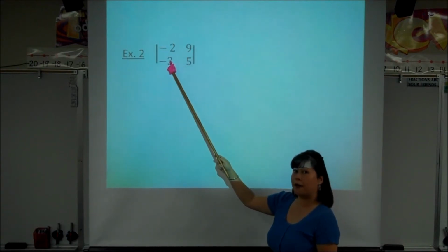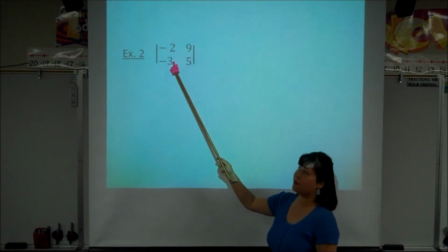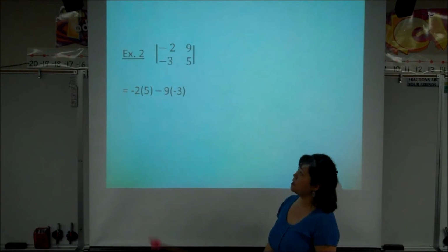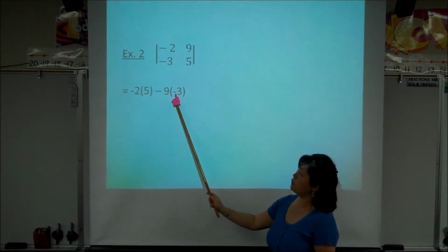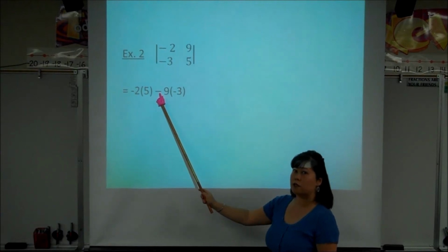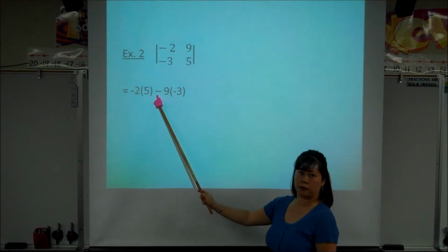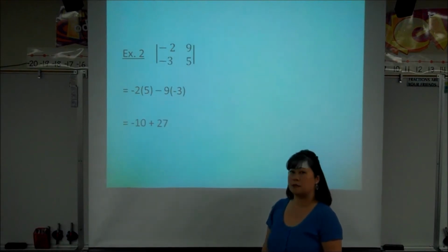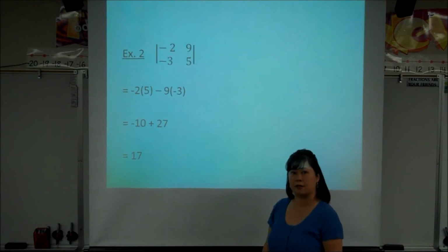When you get to the other diagonal, it's going to be minus 9 times negative 3, so we have a negative also involved. The operation is always a minus, and this part will give us a positive. So if we simplify and continue to simplify, we get 17 as your final answer.